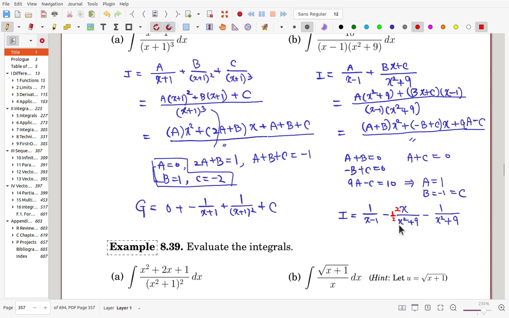So the antiderivative of this one is minus half times the logarithm of x squared plus 9. For that one, this is a multiple of arctangent x. If you try to get, for example, let's see this way.